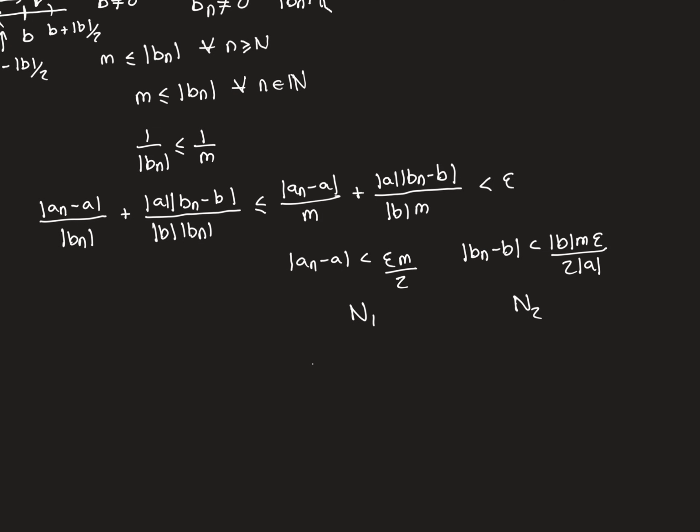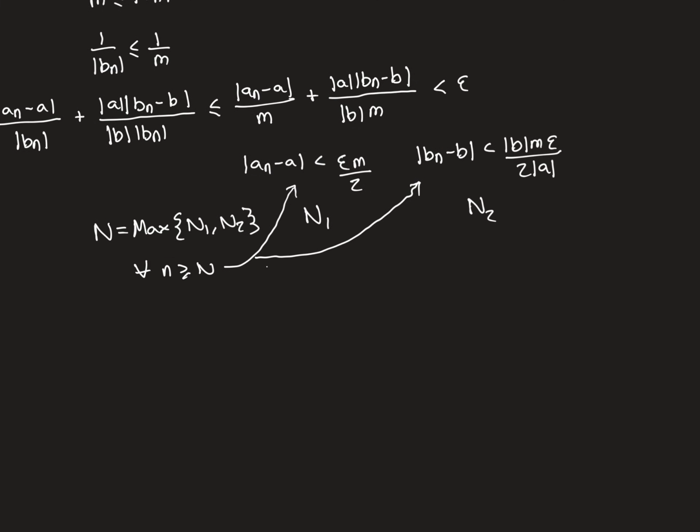So now just take whichever one is the maximum, so that big N equals max of N1 and N2, and then it is true that for all little n greater than or equal to big N, we have both of these inequalities. And now we just need to manipulate them so that we overall then have this inequality.